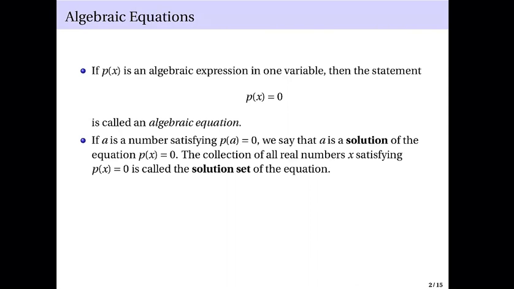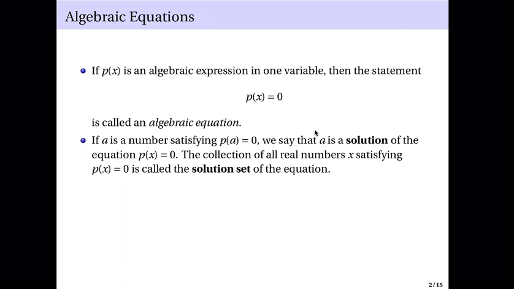There's a possibility that you will find a certain number which still satisfies the equation p of x equals 0, but that number is not a real number. You can find that if you are advanced or if you remember that topic in your previous math courses.